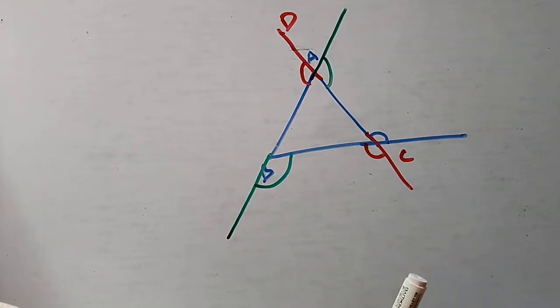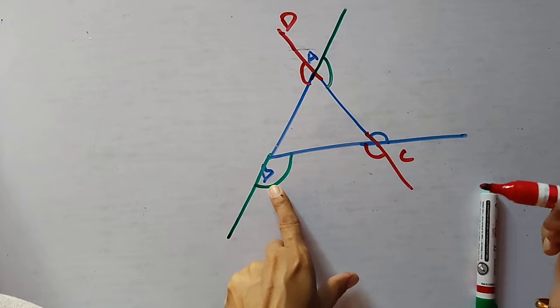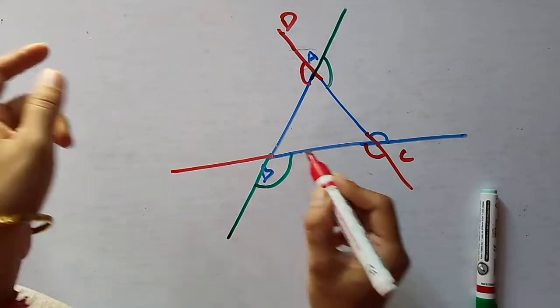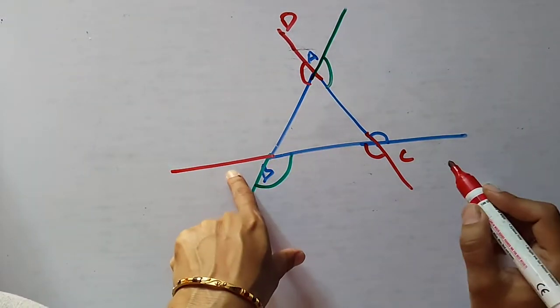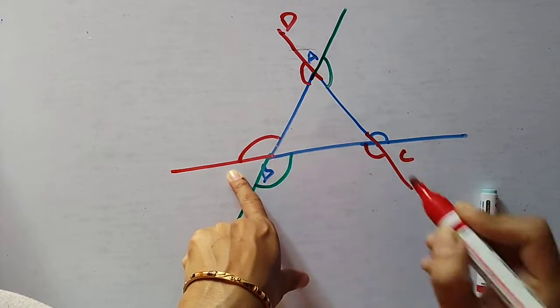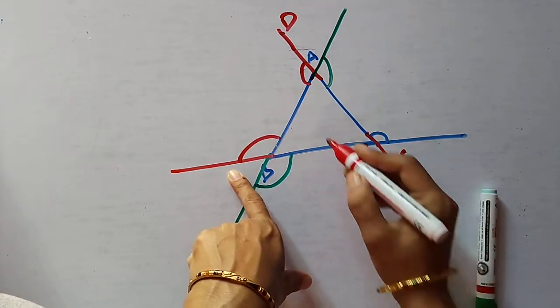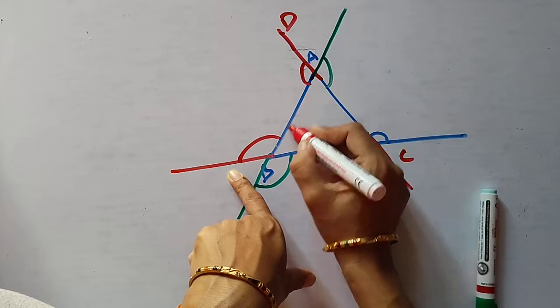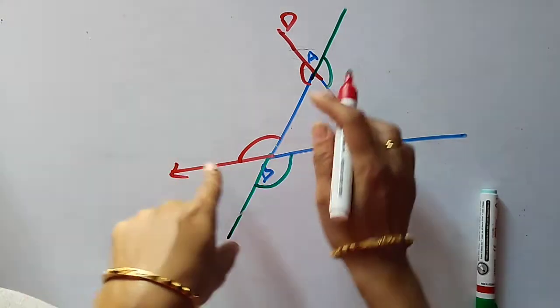Suppose we increase side BC, BC को इंक्रीज किया, तो exterior angle हमें कौन सा मिला? Like this is the exterior angle. So this is the triangle, and this is the exterior angle.